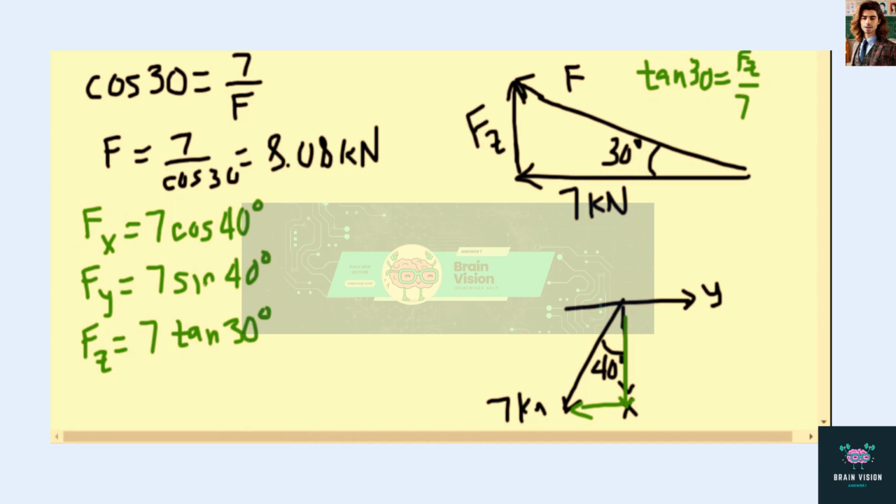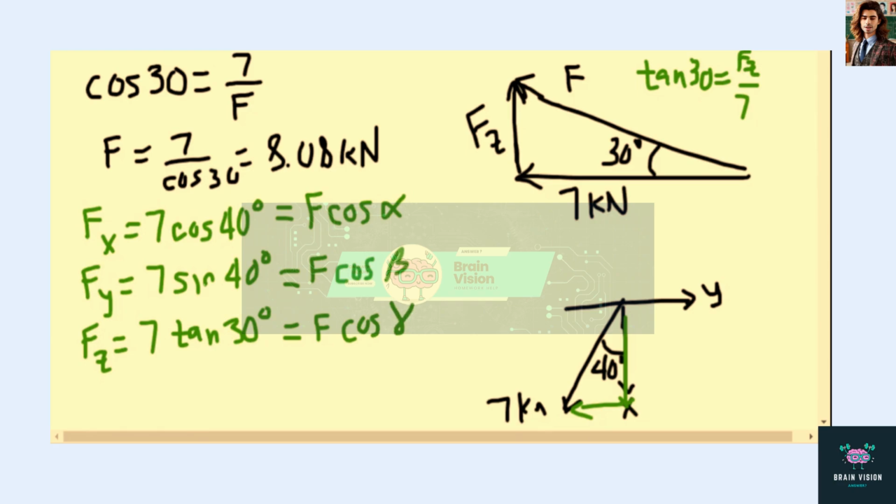So F sub X is also F cosine alpha, F cosine beta, although it's not quite that simple on Y. It'll actually be more like 180 minus beta, but I can do that at the end. And F cosine gamma.